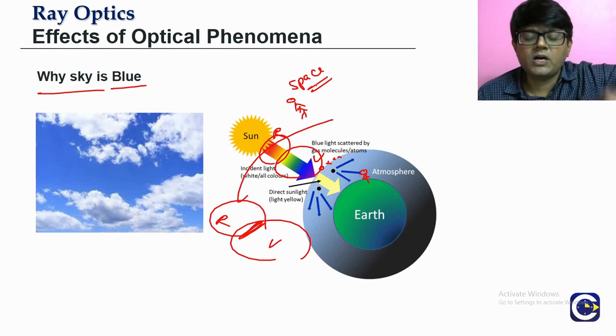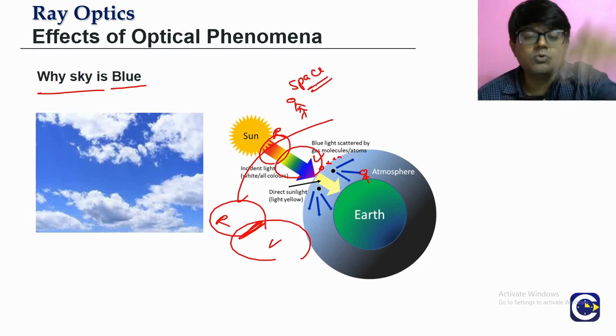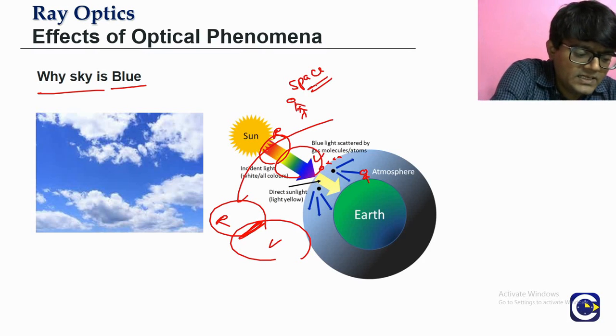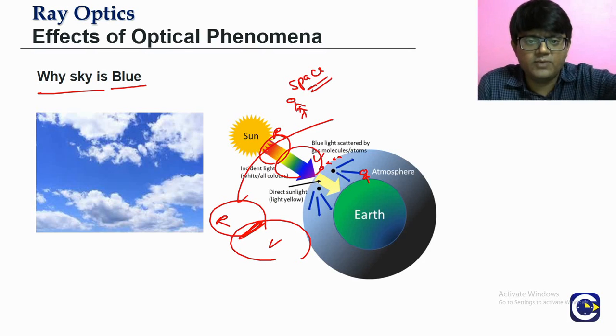The sky is blue only because there is an atmosphere around the surface of the earth, and because of the scattering of the predominantly blue region, the sky appears blue. If you move out of the atmosphere layers, scattering will not be there, and hence the sky color will be the space color. Basically space will be dark in color.